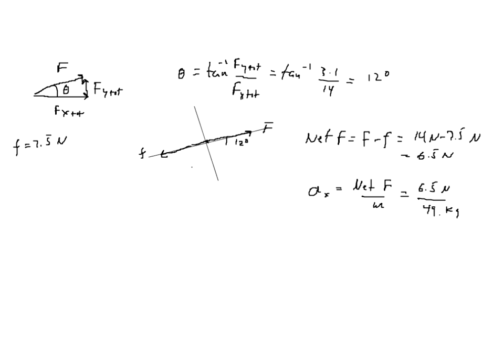So 6.5 divided by 49 comes out to be 0.13 meters per second squared, and that's at an angle of 12 degrees above the positive x-axis.